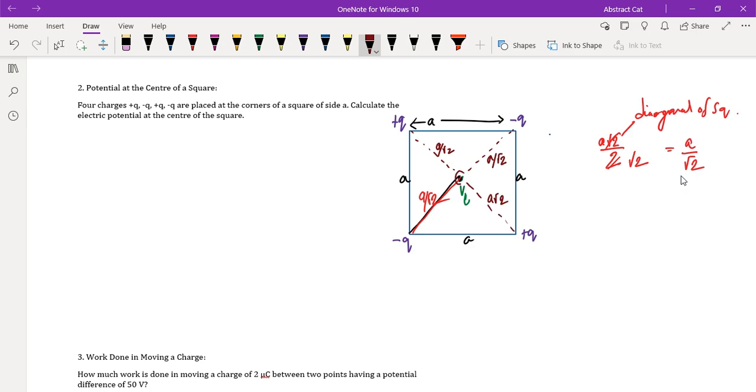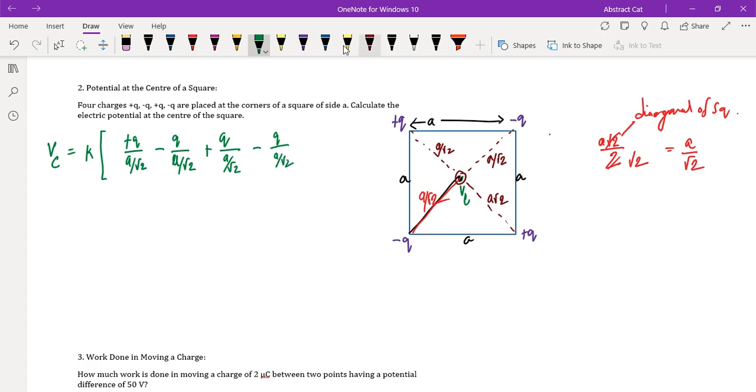So the potential here: V due to plus Q is K times plus Q over A by root 2. They obey the superposition principle, you know that, so the potentials are just added numerically. Second is minus Q over A by root 2, again plus Q over A by root 2, minus Q over A by root 2.